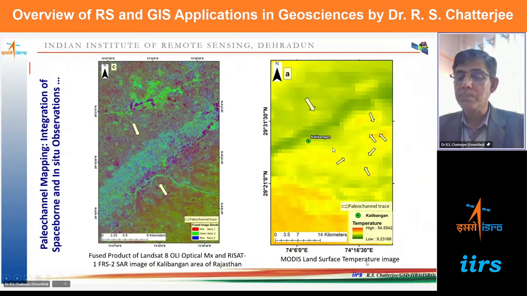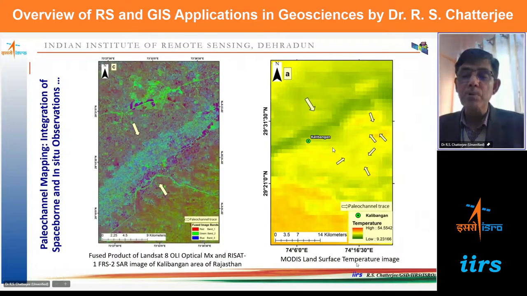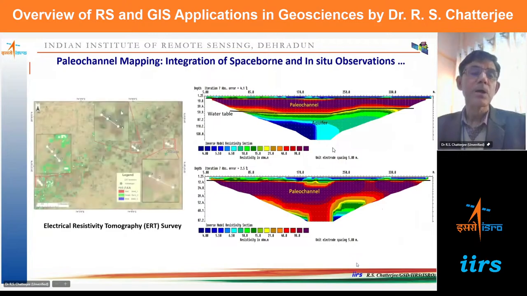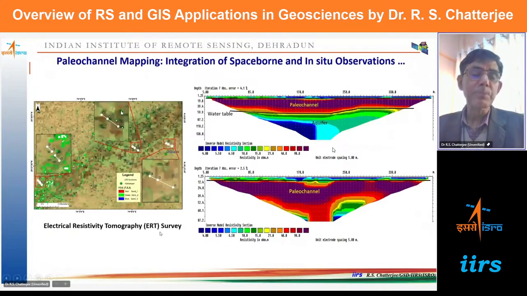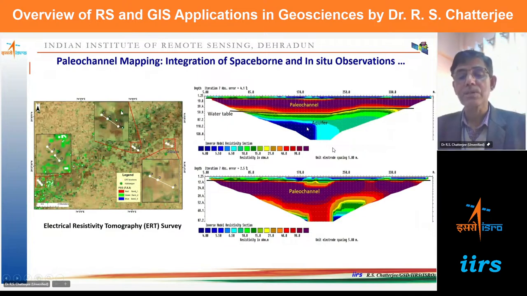Now here, land surface temperature is also very, very important, because all along this paleochannel, the temperature of the material will be low. So it is the regional temperature information coming from MODIS. And then you see here the electrical resistivity tomography, ERT, geophysical investigation. Here you can get information about the subsurface paleochannel that is saturated with water, isn't it?